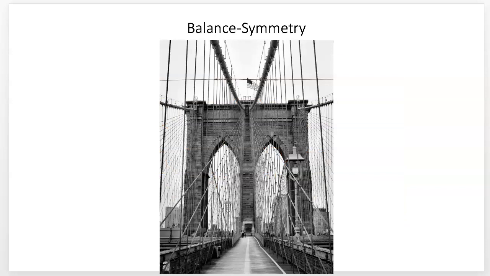This is a great example of it, the Brooklyn Bridge. The reason it's common in architecture is because we need things to actually be able to stand up and not fall over, and this type of symmetry balances the actual weight of things. This picture of the Brooklyn Bridge captures the actual balance of the bridge in photography.